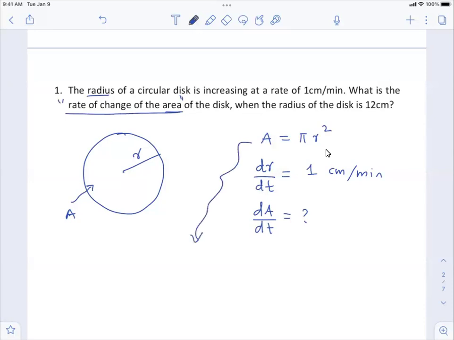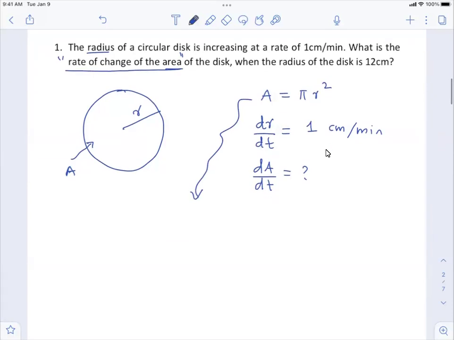Grab this relation and differentiate. Since you have A equals pi r squared, it's just about taking the derivative with respect to variable t, because that's our underlying variable. On the left side, it's dA/dt. On the right side, pi is a constant which can be pulled out.